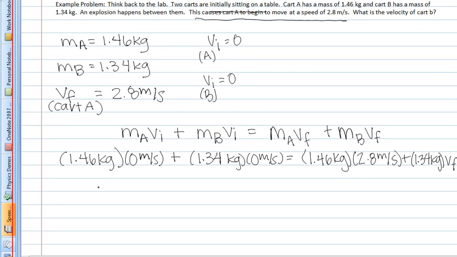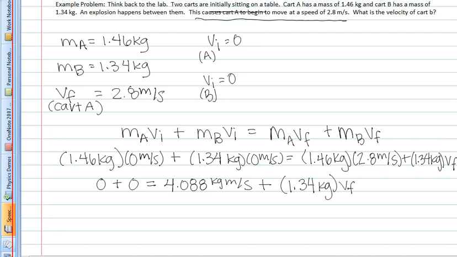When we go through and calculate, we find out that initially we had 0 momentum plus 0 equals 4.088 kilogram meters per second plus our 1.34 kilograms times VF.